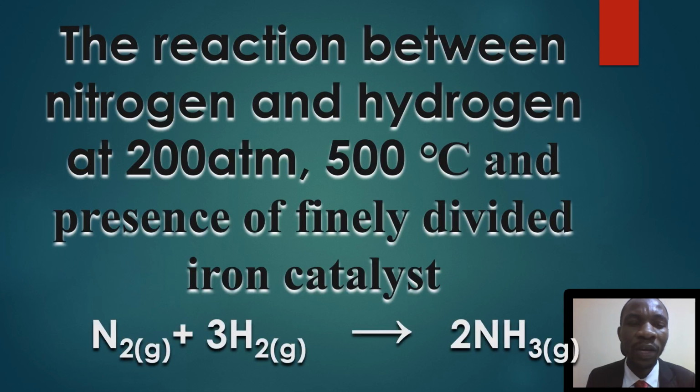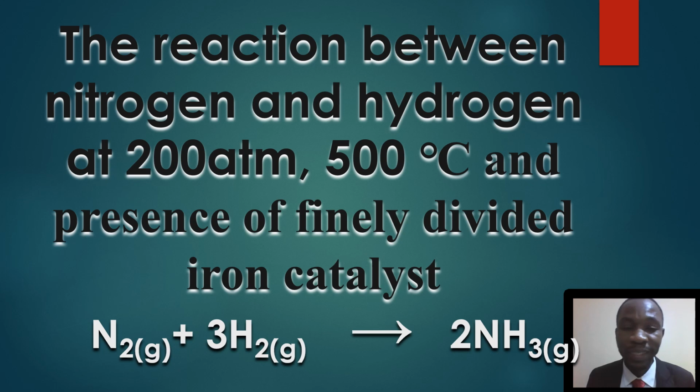The reaction between nitrogen and hydrogen at 200 atmospheres, 500 degrees Celsius, and in the presence of finely divided iron catalyst is usually this one. 1 mole of nitrogen combines with 3 moles of hydrogen to form 2 moles of ammonia.